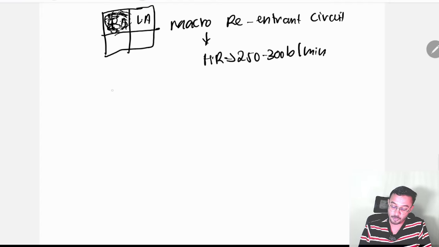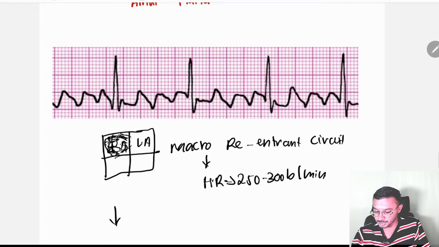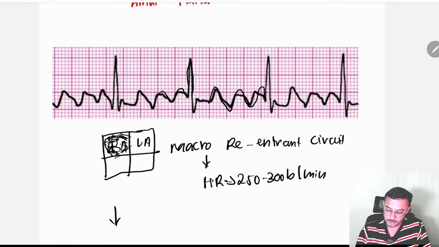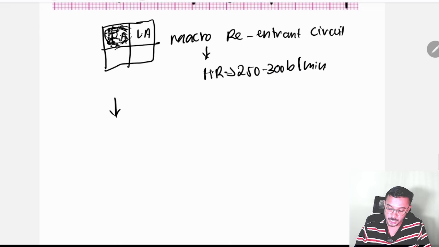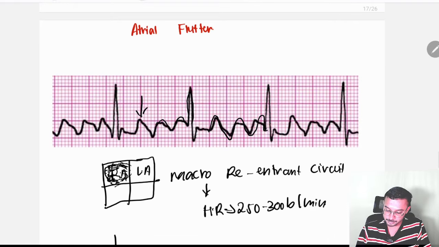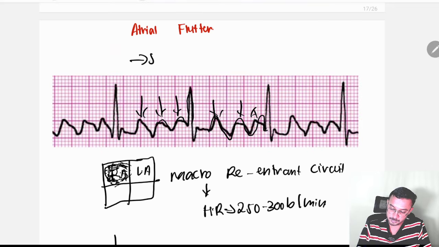Look at the ECG here: the P wave is present, but these waves look like this. This is known as the sawtooth pattern. Very important.